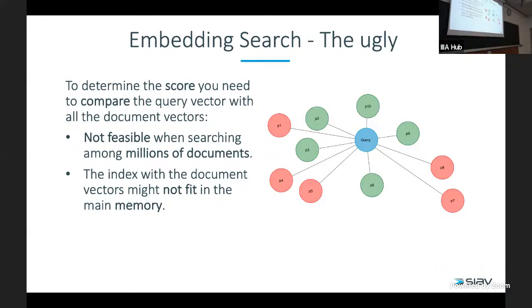And as always, this is not much of an issue when you're searching among a few 100,000 documents, because it will take a couple of hundred milliseconds to do. But when you're searching among 30 million documents, this will take several seconds to do.